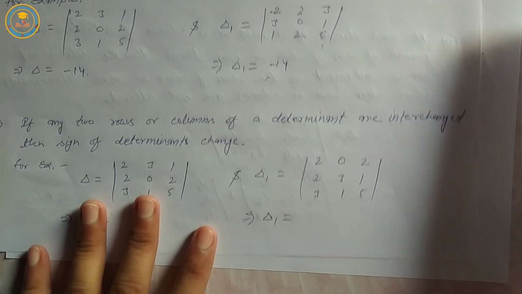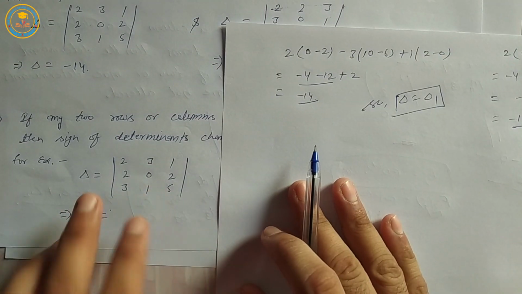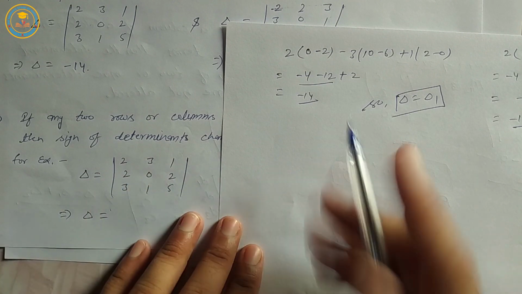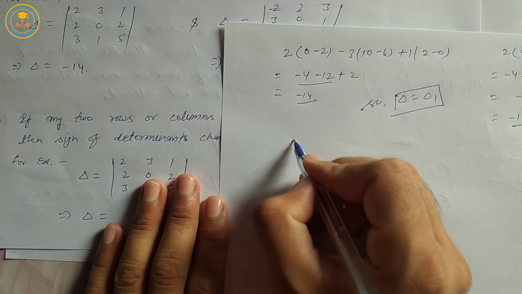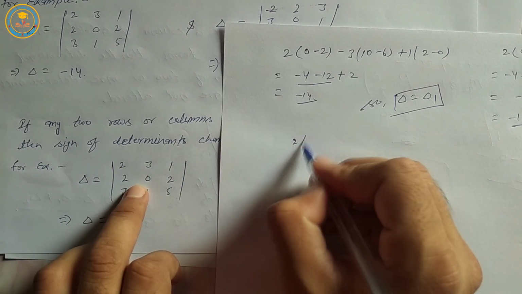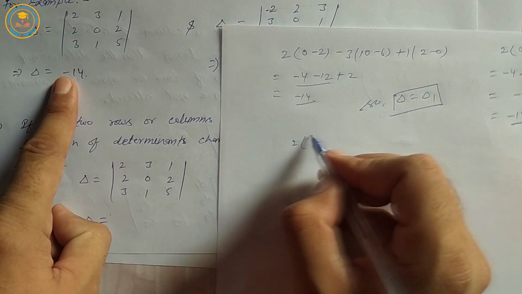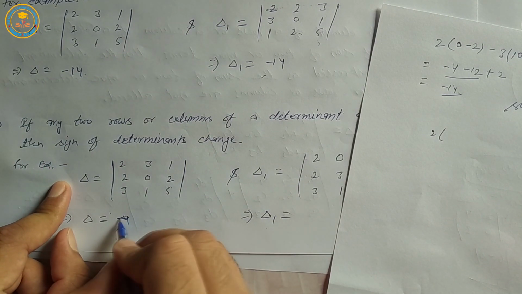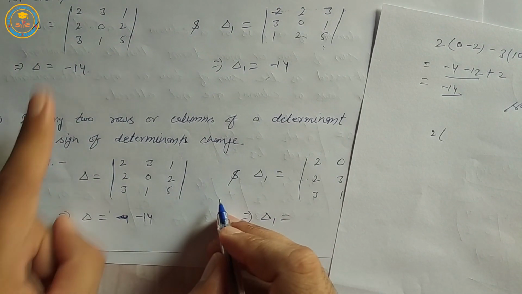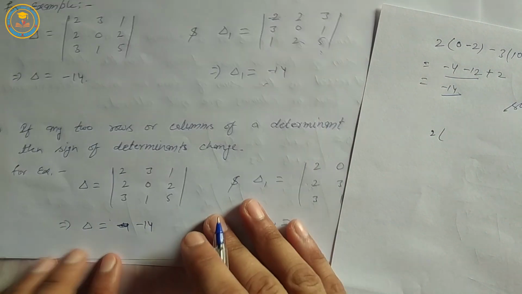For example, del equal to something, on expanding along R1, it means del is equal to minus 15, same 14, minus 14, del equal to minus 14.